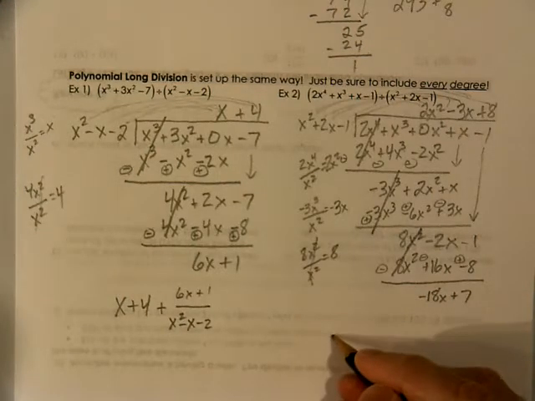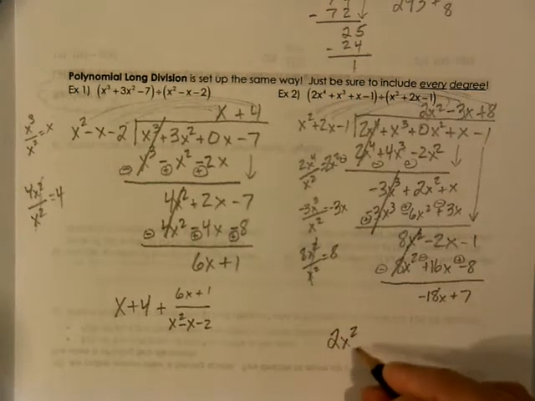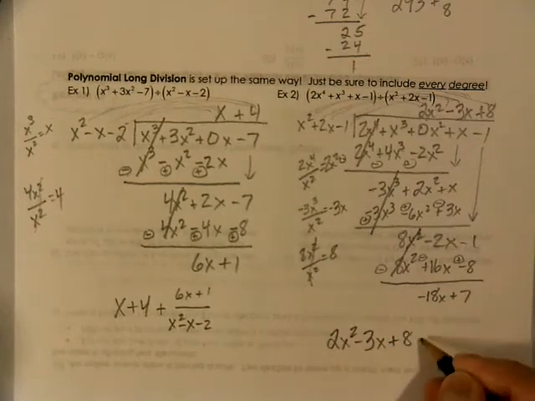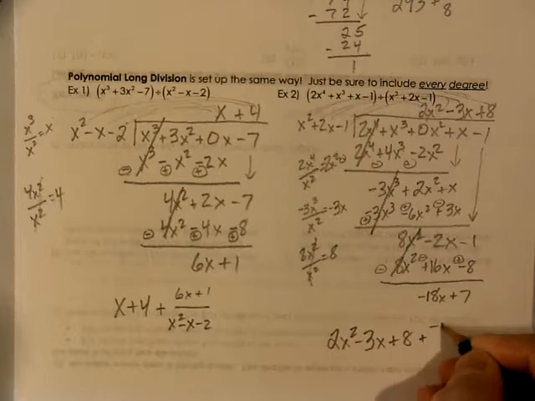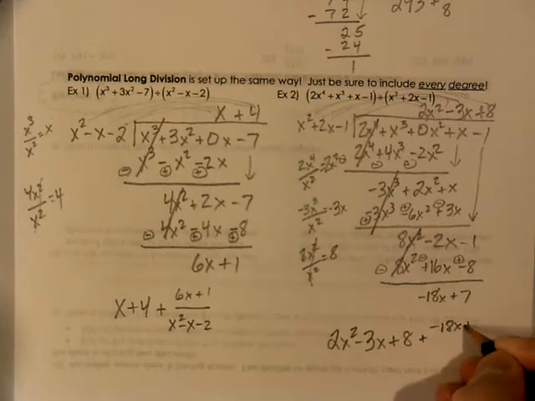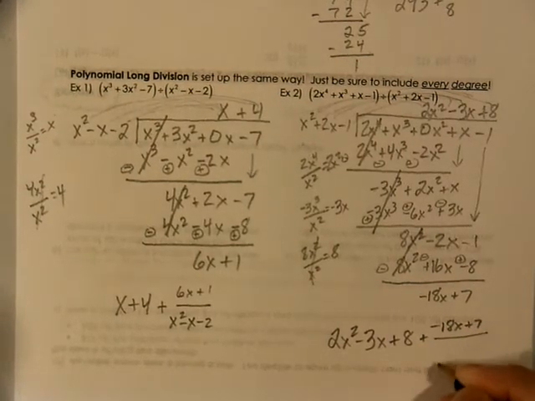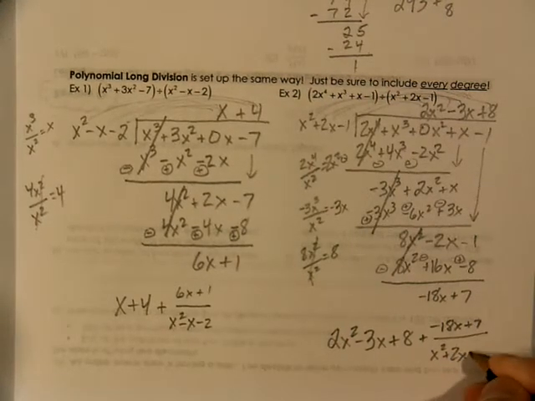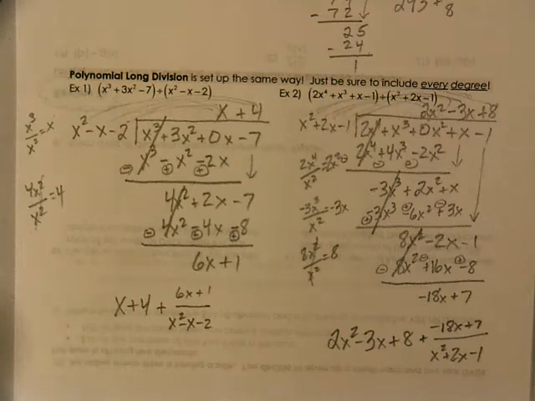So our final quotient is 2x squared minus 3x plus 8 and a negative 18x plus 7 over x squared plus 2x minus 1.